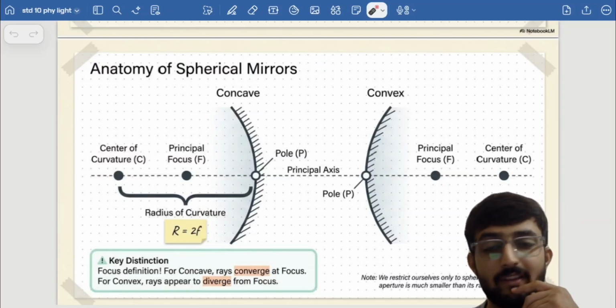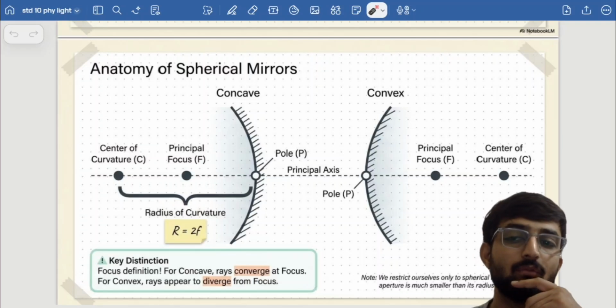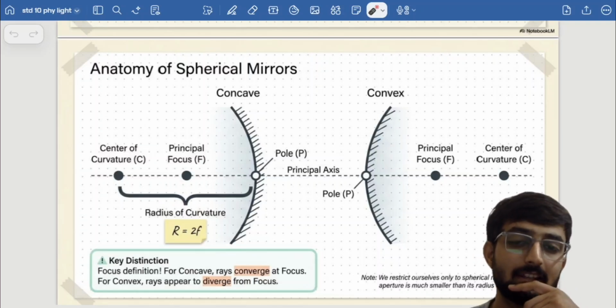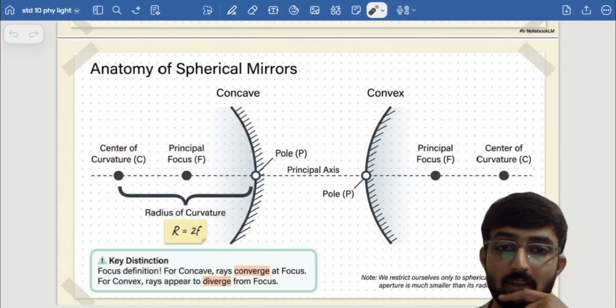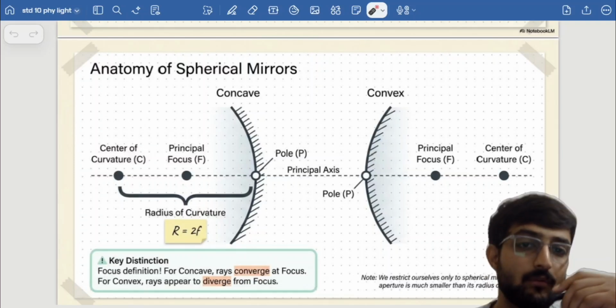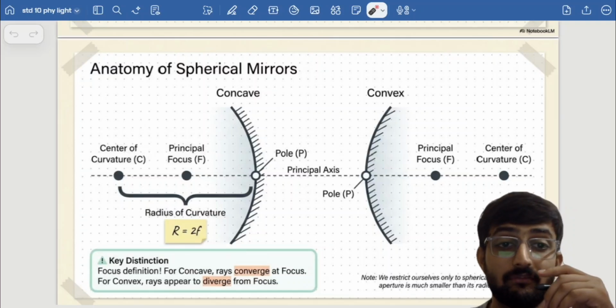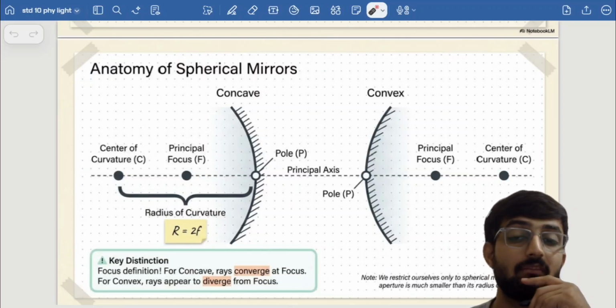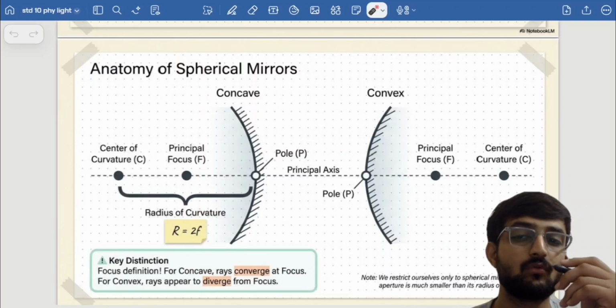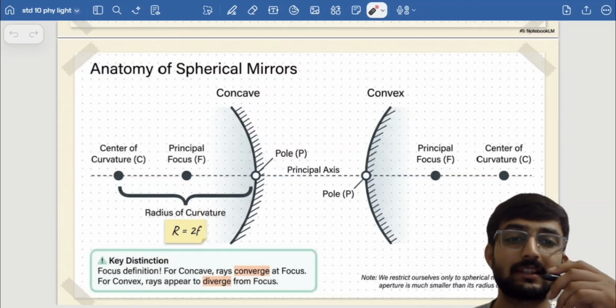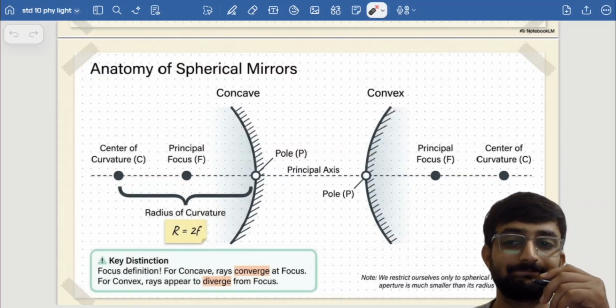In our very next video, we are going to dive into one of the most important and interesting parts of this chapter. It is ray diagrams. We will look at exactly how light behaves when it hits this surface and how different types of images are formed. Trust me, once you understand the rules, drawing ray diagrams becomes incredibly easy and fun.